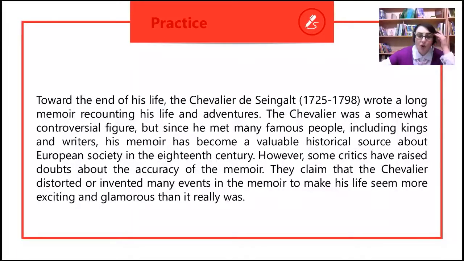So what is the most important and accurate information here? Let me tell you, the most important part here is Chevalier's memoir. So you can say that critics cast doubt on the credibility of Chevalier's memoir.